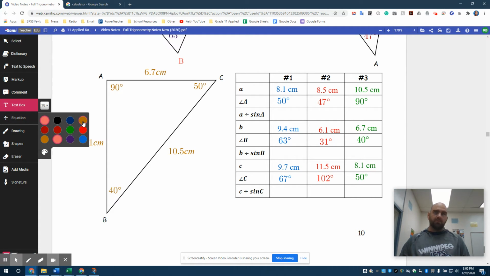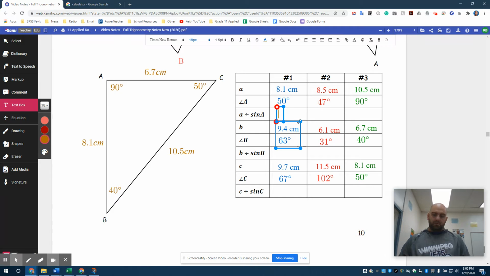That is our side divided by the sine of our angle. If we do the same thing with B, 9.4 divided by sine of 63, the answer is 10.55. And in the final one there, we have 9.7 divided by sine of 67, and that is 10.54.